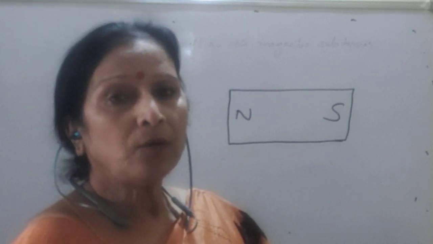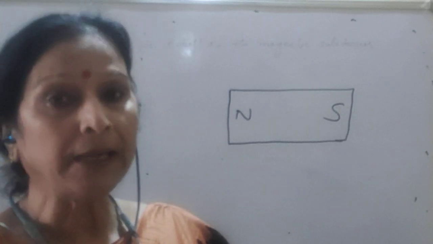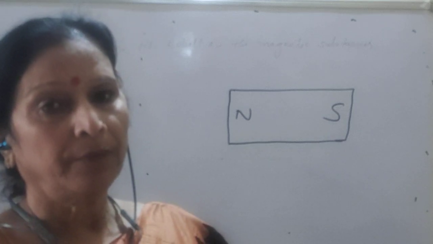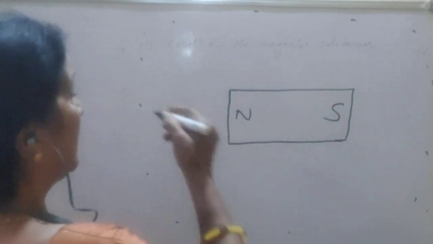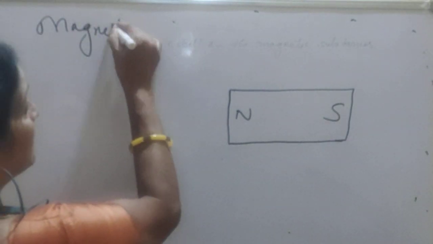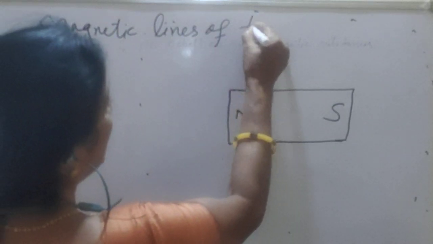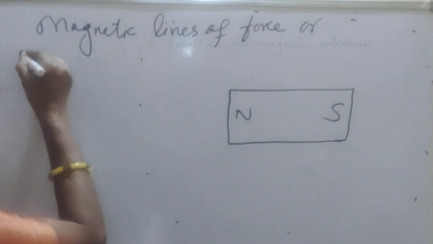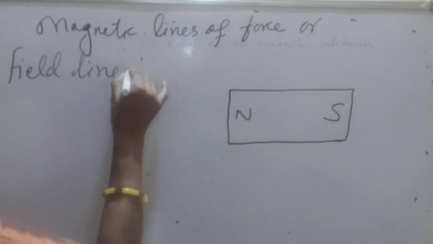Now another term related to this one is magnetic line of force, or lines of force, or only field lines.